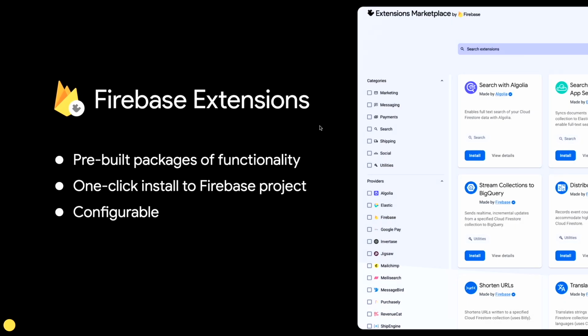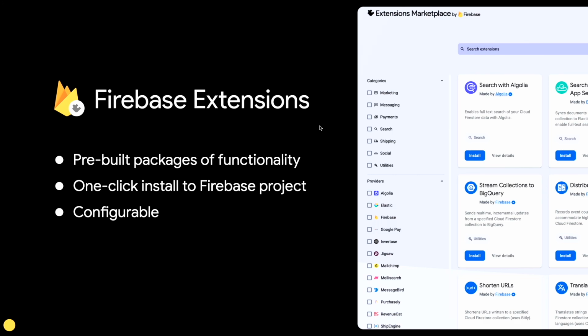Firebase extensions are essentially pre-built packages of functionality that you can easily add to your Firebase project on the backend. So things like resizing an image, transcoding a video, setting up or running a video call, integrating with services like Stripe, performing full-text search on Cloud Firestore, or sending emails.